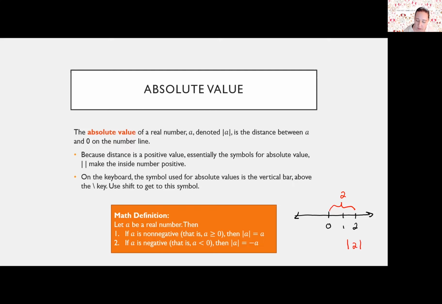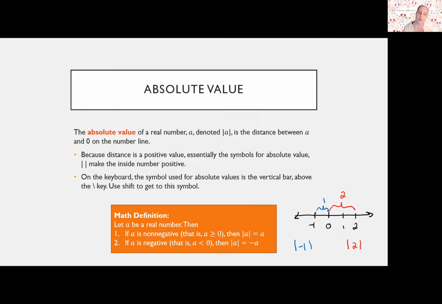Now, if we were looking in the opposite direction, let's say we're looking at a negative number. Okay. Let's say we wanted to know the absolute value of -1. So -1 is 1 away from 0. It's just in the other direction.